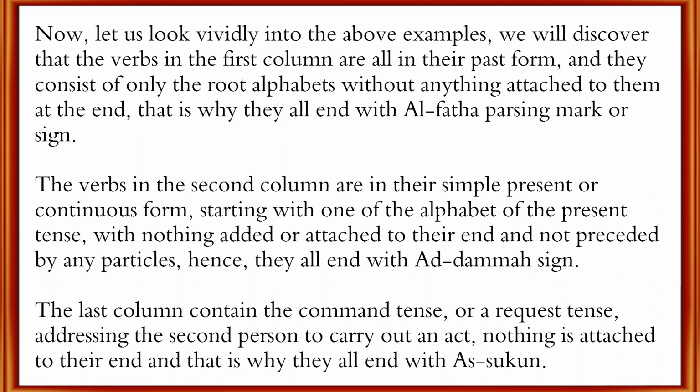Hence, they all end with a dhamma sign. The last column contains the command tense, addressing the second person to carry out an act. Nothing is attached to it at the end, and that is why they all end with a sukun.